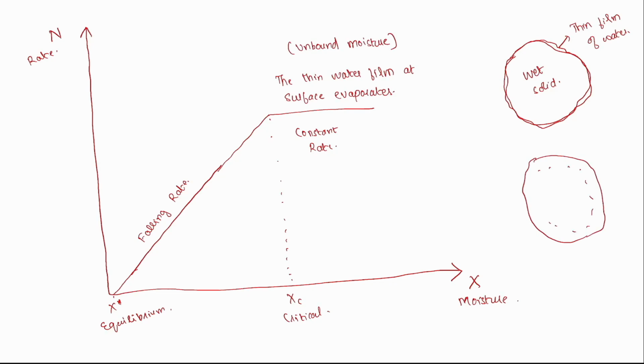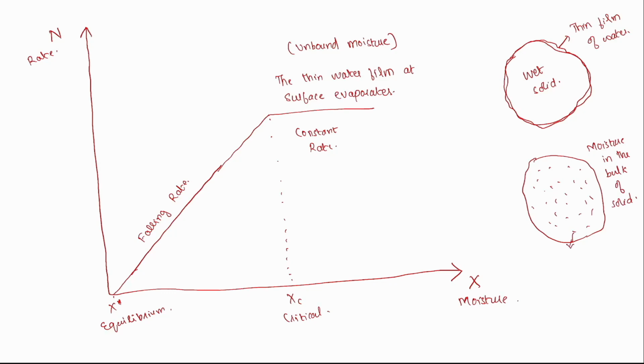Now let's assume the same solid. Once the film on the surface is dried, then we go for the moisture which is present in the bulk of the solid. So this moisture has to come out from the bulk or the inside of the solid to the surface, and then it has to get dried out.